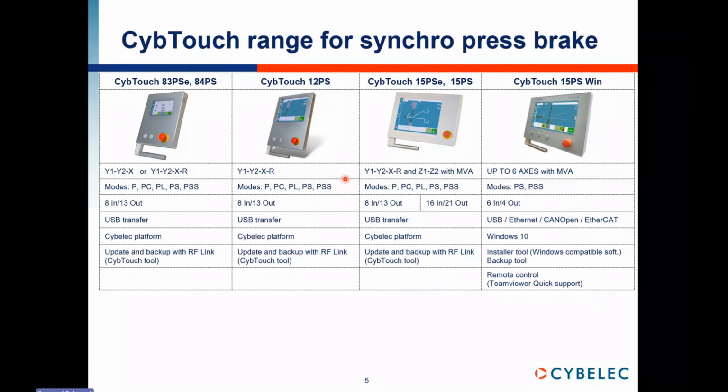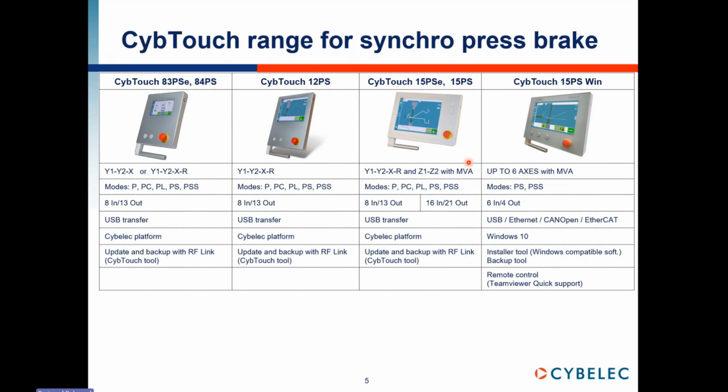With the second one, with a larger screen, the CybTouch 12PS, you can manage Y1, Y2, X, and R. So you have 4 axes, and for this model, you have all modes available.